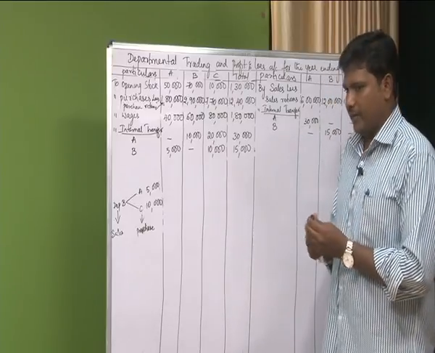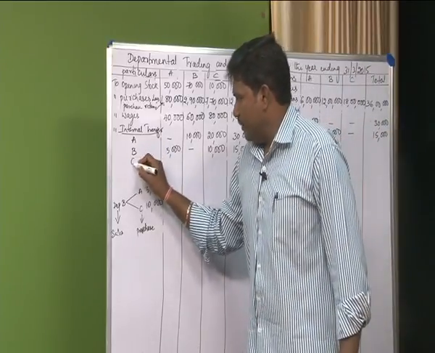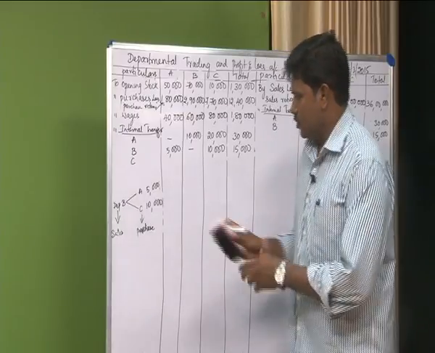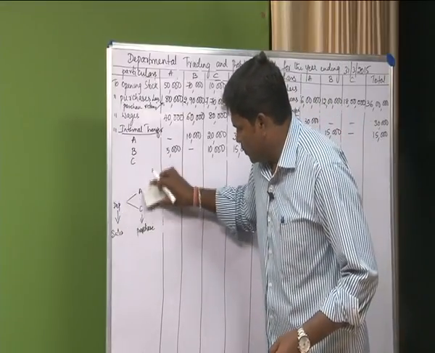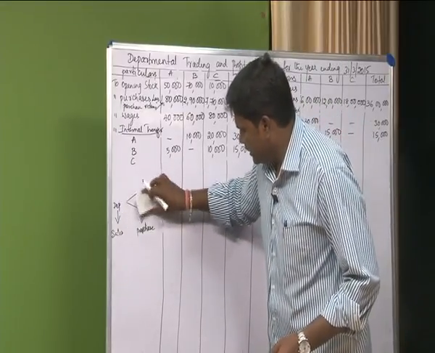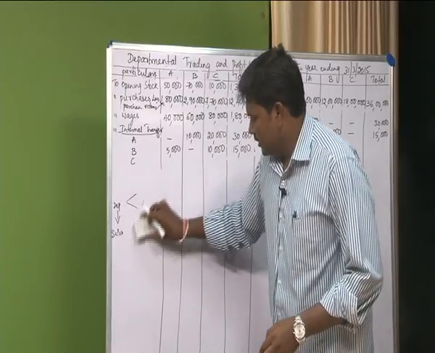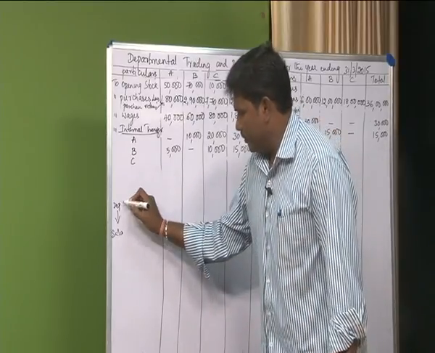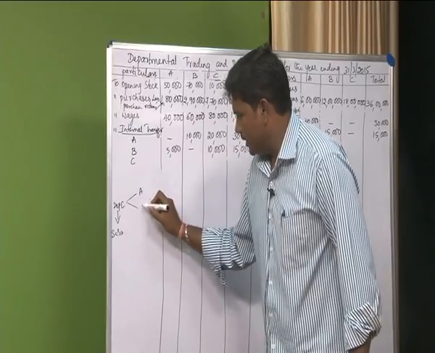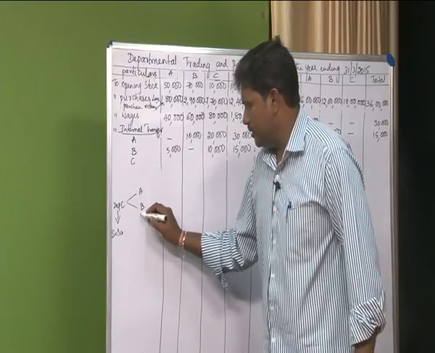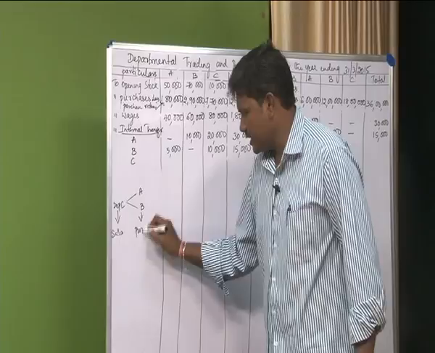In the same way, we will consider goods transferred from department C to department A and from department C to department B, which will be treated as purchases.